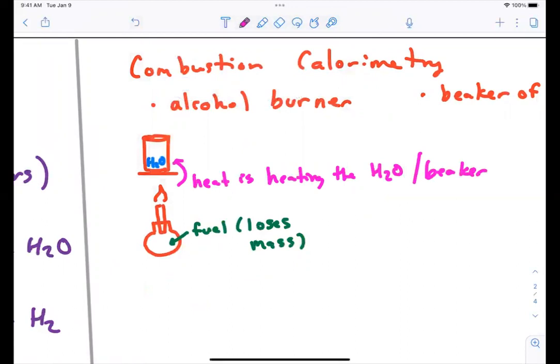In some experiments, they might give you the calorimetry constant of the beaker so you can get a more accurate heat amount, but other times they might not. So it depends on the experiment. But you're essentially measuring how much heat the combustion reaction is releasing to the water above the alcohol burner.